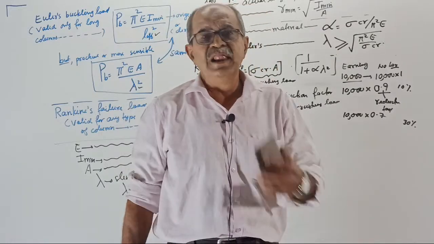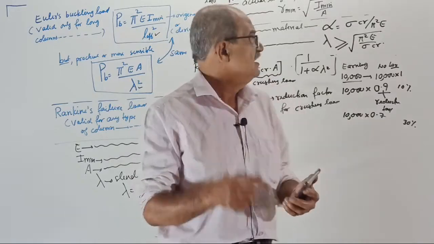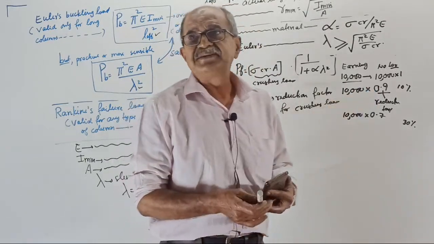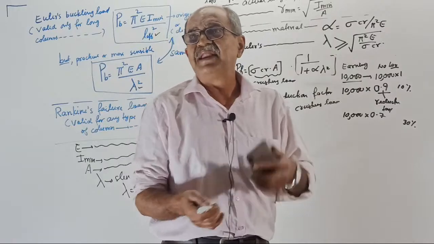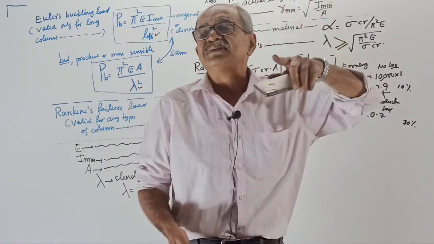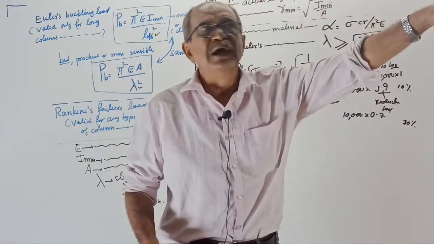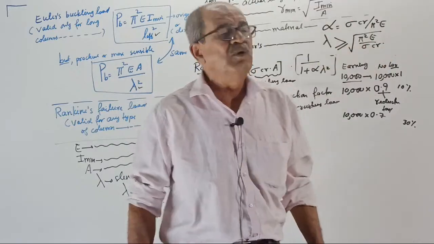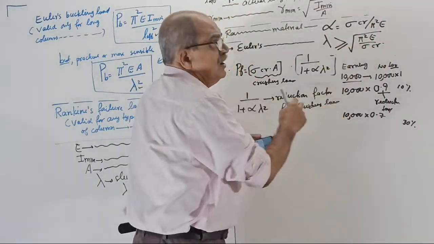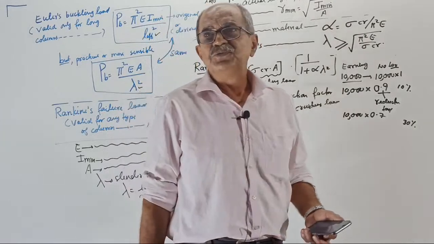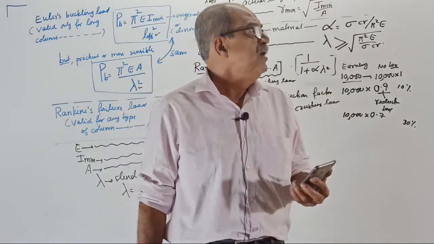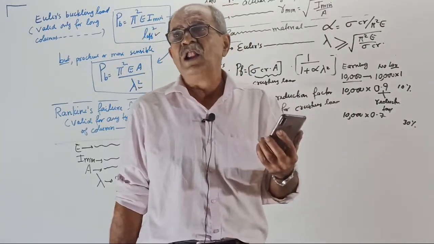You will get only 40%. Therefore, remember, reduction factor is 1 minus the number by which it will reduce. Clear now?